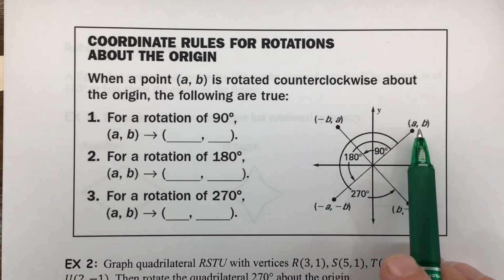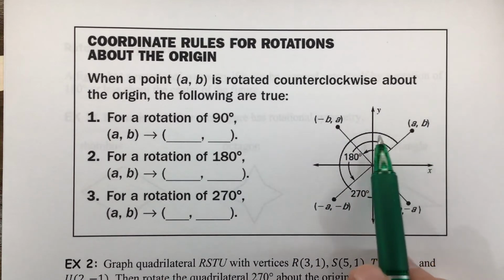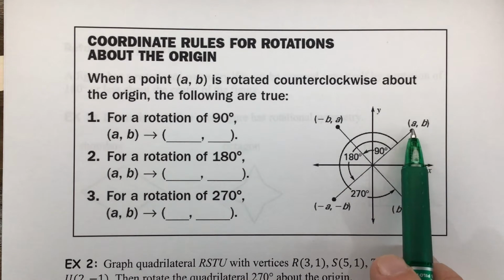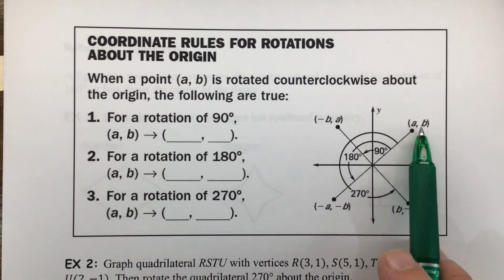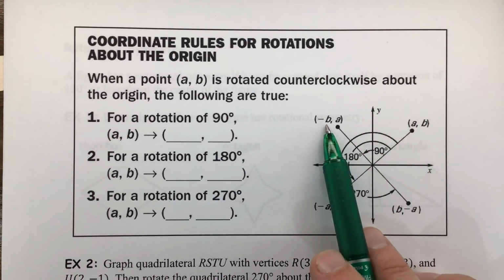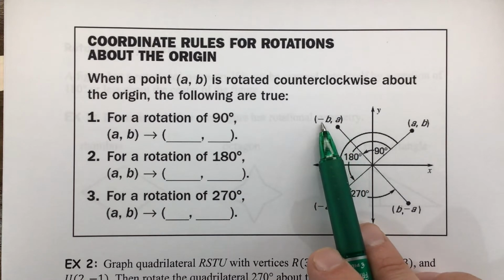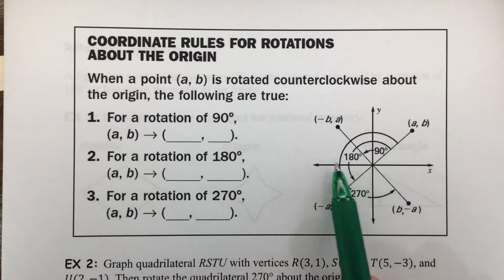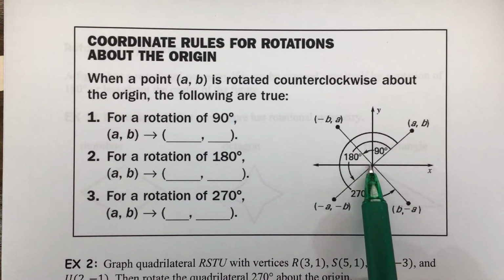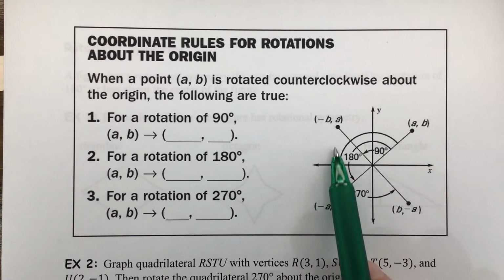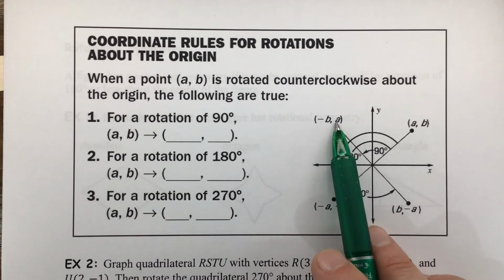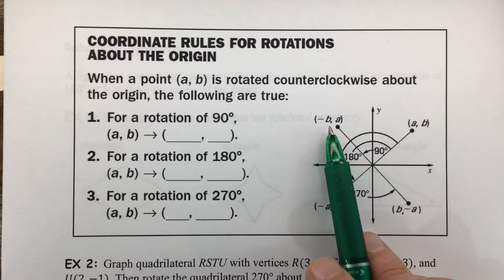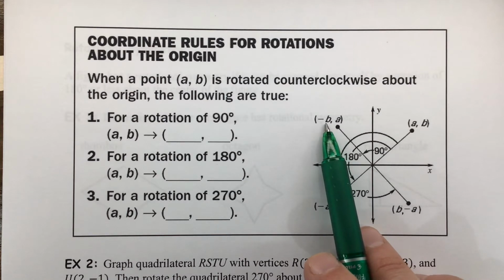When it does rotate, here are all the answers. They're already in the diagrams for us, so we'll just copy them over. A, B, when it rotates 90 degrees, let's take a look at what happens with the coordinates. It becomes negative B, A. The negative, you can imagine, is because we're in quadrant 2. You have to go to the left, which is a negative direction, and then up, which is positive, so negative and positive. But in addition, you're going to notice that the letters are flip-flopped: now B is in the front and then A is next.